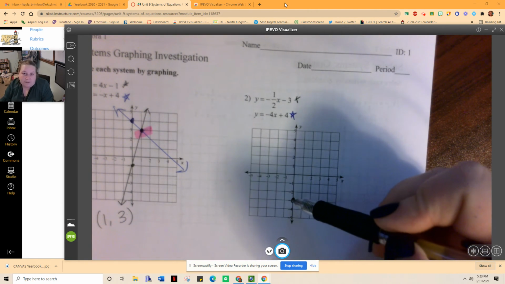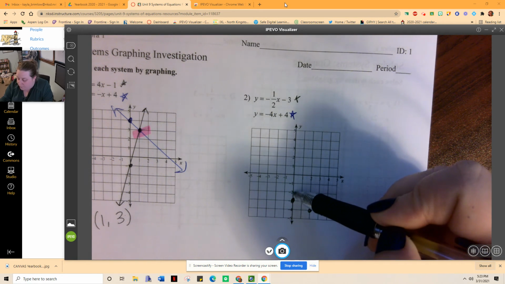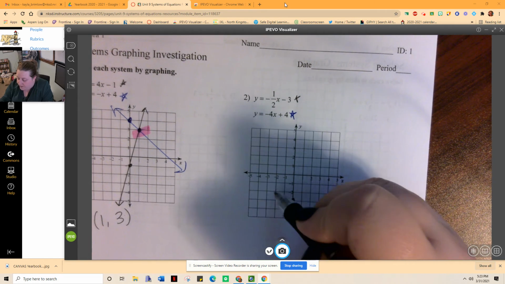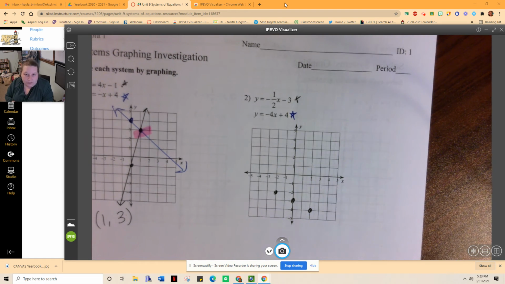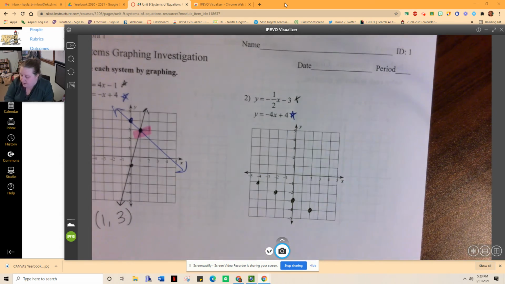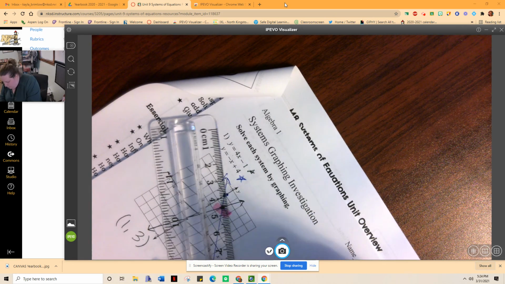But instead, you could do the complete opposite to still find points on your line. So instead of going down 1, we could go up 1. Instead of going to the right 2, we could go to the left. So we're going up and then back to the left. When you're working with systems, the more points you have, the better. So you have a more accurate point of intersection. So back 1 over 2. Okay. All right. And then I'm going to just draw my line through this quick.